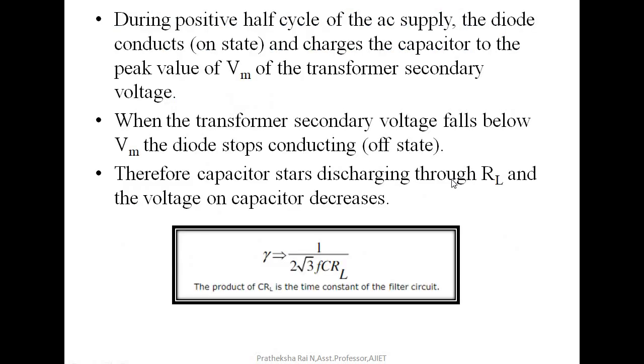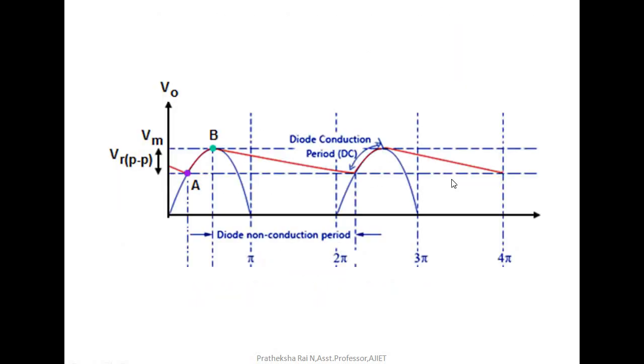During the positive quarter cycle of the AC input signal, the diode D is forward biased and hence it conducts. This quickly charges the capacitor to the peak value of the input voltage. Practically, the capacitor charges to Vm minus Vf, that is the diode forward voltage drop.